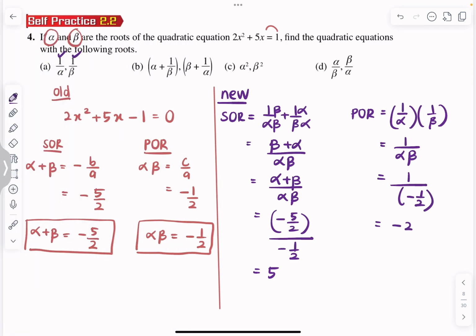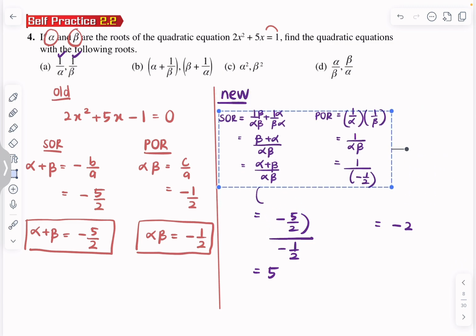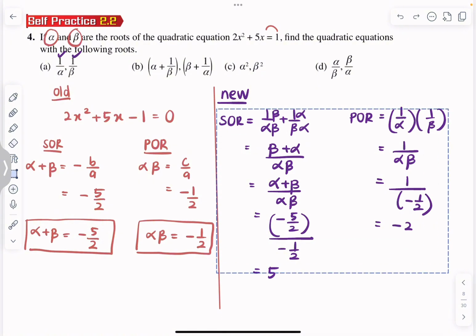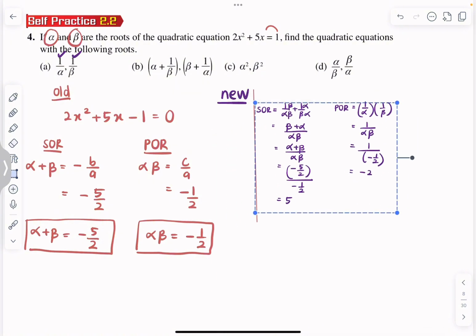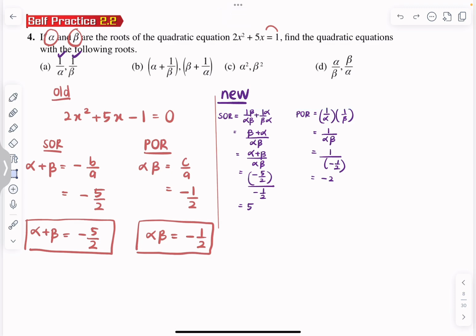So now we have our sum of roots and product of roots. We can find our new equation. Okay, let's erase all these. Make it smaller, put it here.